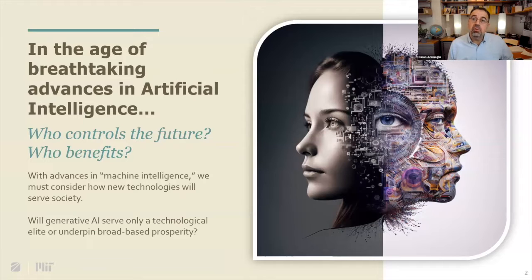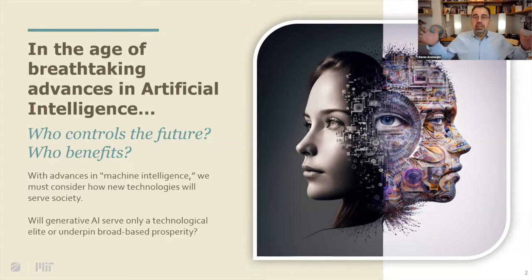But in the midst of some of the concerns and much of the excitement, I think the questions that are insufficiently asked are: who controls the future? Who's really setting the agenda? Because there isn't a preordained path of AI or any other technology.